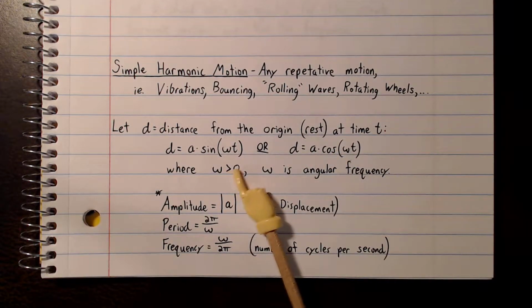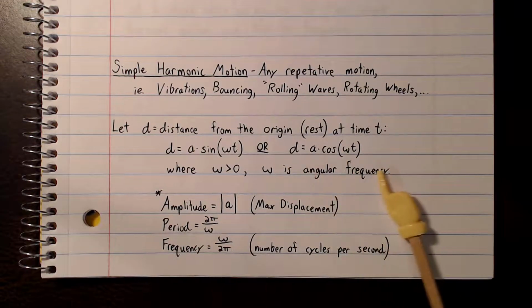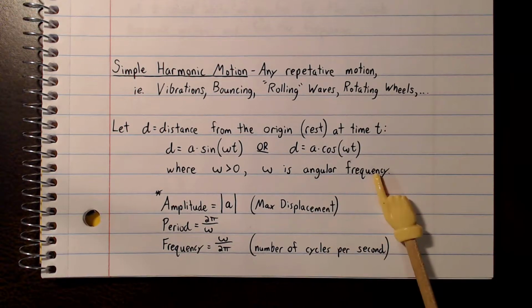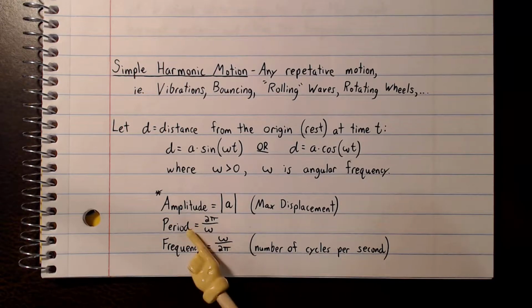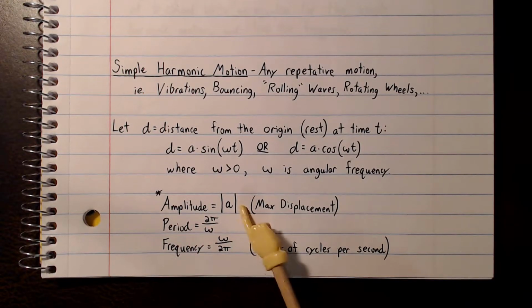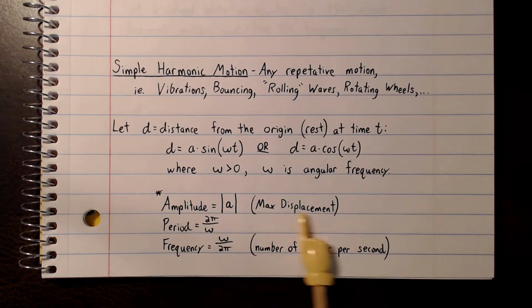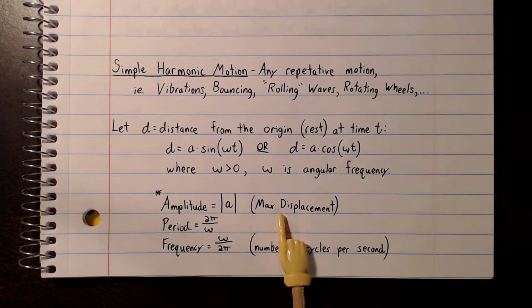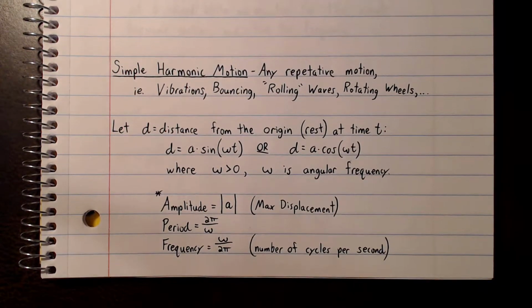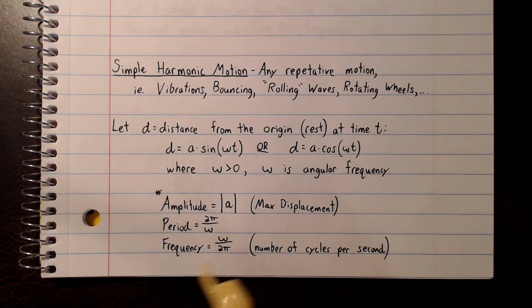But what's important is that our W value has to be positive, and it's going to be the angular frequency. Okay, well, what does that all mean? Well, we've got certain things that are happening here, right? We've got amplitude, which is just the max displacement from that average line, which we saw back when we were graphing our functions.